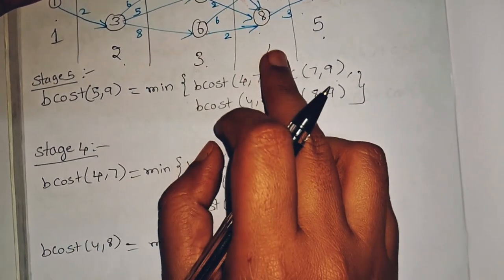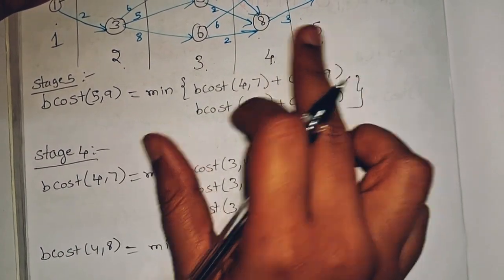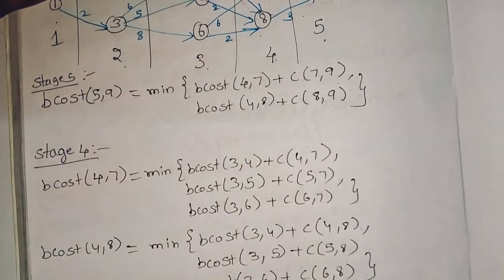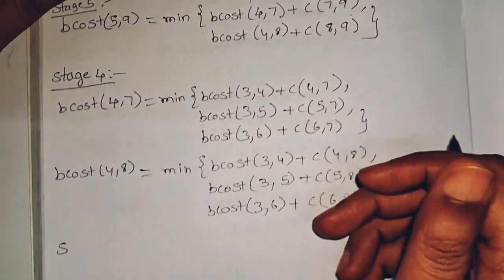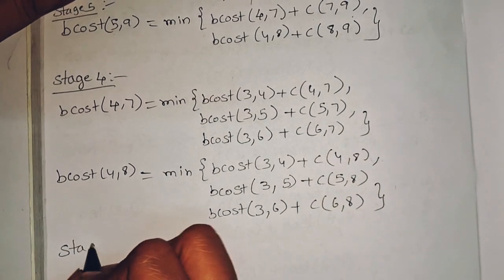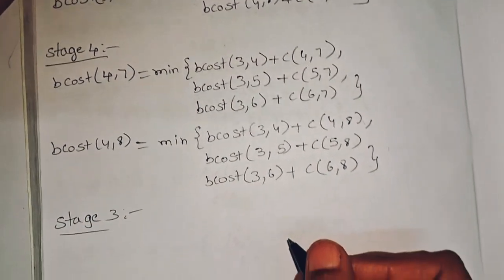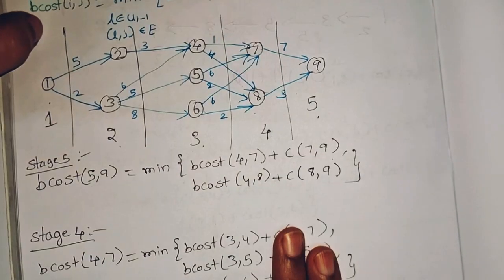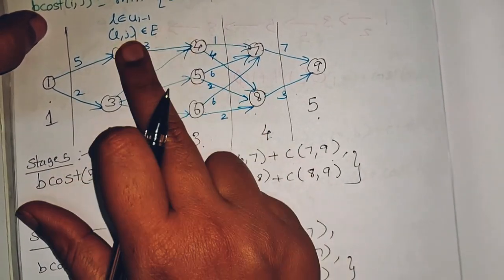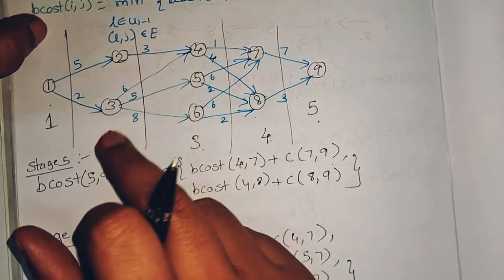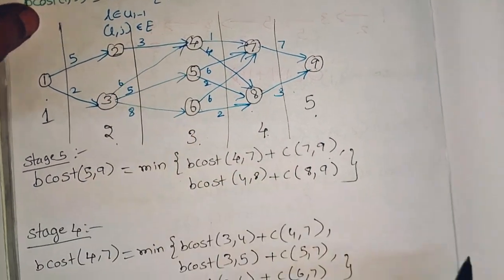So we have found 4 and 5. Next we move one step back, that is stage 3. In stage 3 we have 3 nodes, 4, 5, 6, which are connected to the nodes of stage 2. Node 4 is connected to 2 and 3.